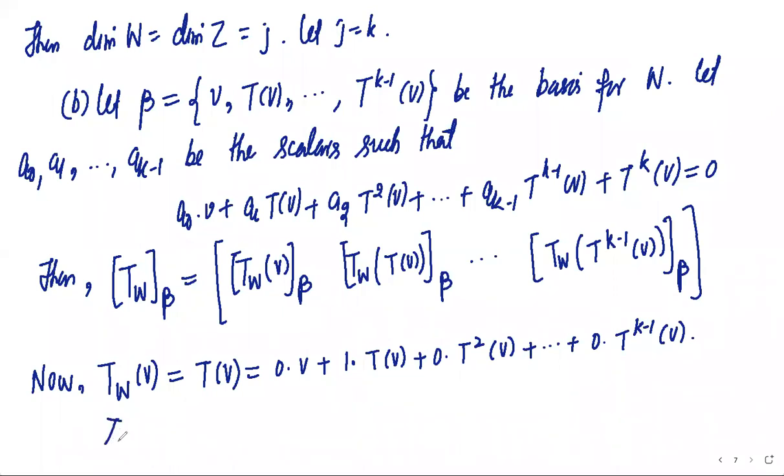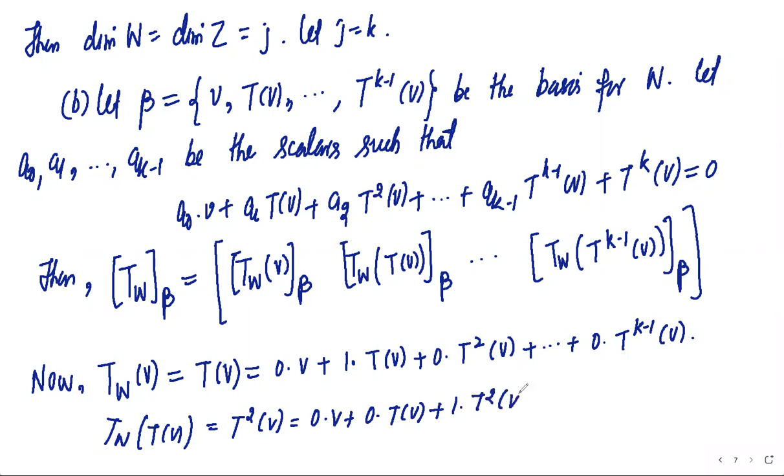So also TW of T of v, this can be written as T square of v. Now this is equal to 0 v plus 0 times T of v plus 1 T square of v plus so on plus 0 times T^(k-1) of v.